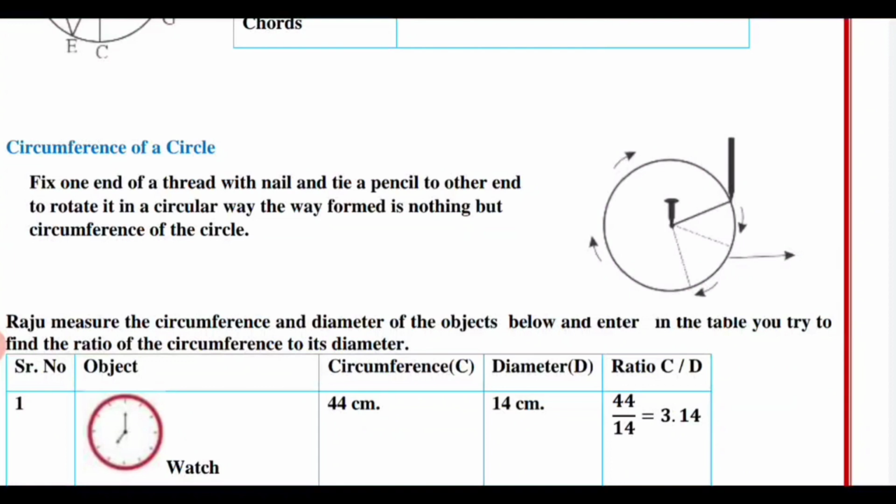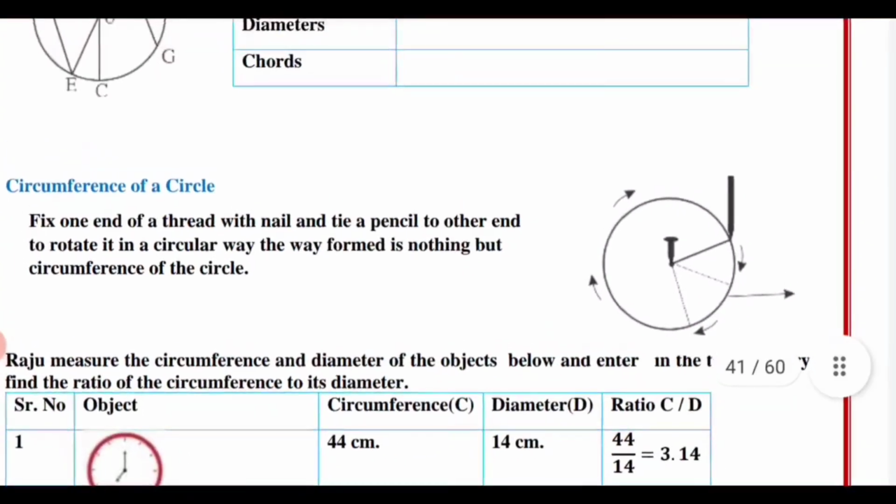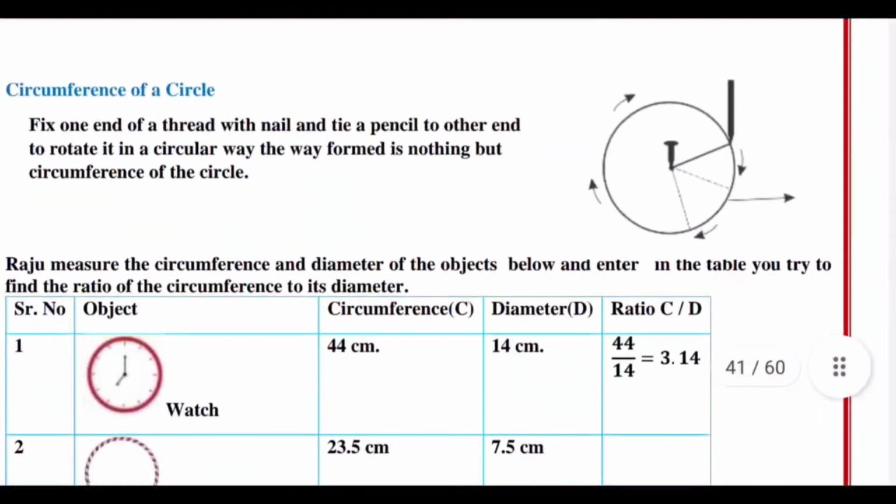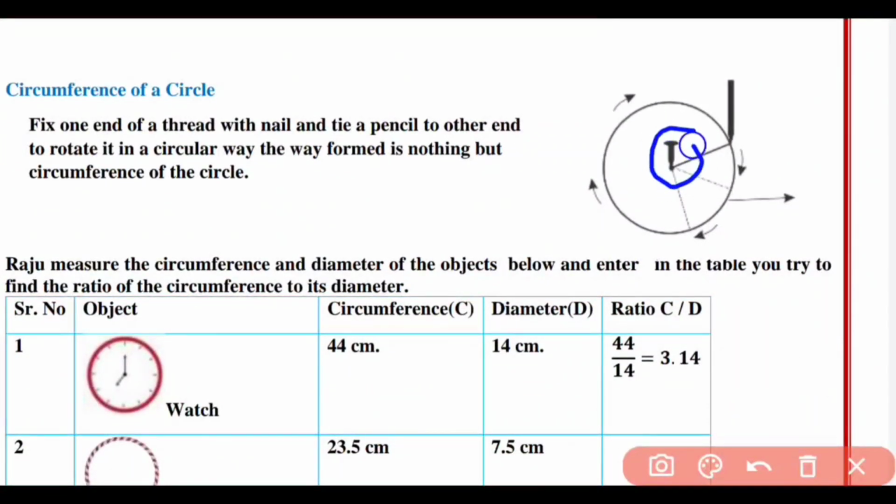The nail is fixed at the center over here and the thread is tied, and here the pencil is tied on the other end, and when we rotate it in the circular way, this circular path or circular edge is nothing but the circumference of the circle. Always keep this in mind.